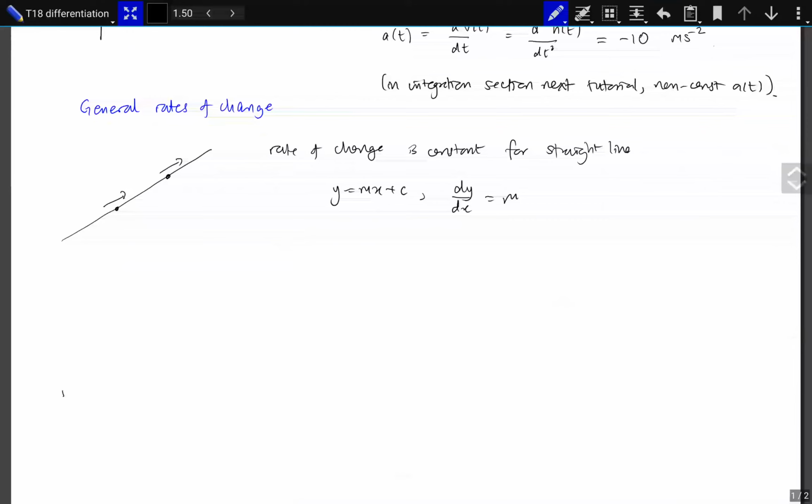But for general functions, suppose here's some kind of cubic, and what we want is the slope. This is the linear approximation at x naught, and it's approximated by a little change, this change in f, or the change in y.